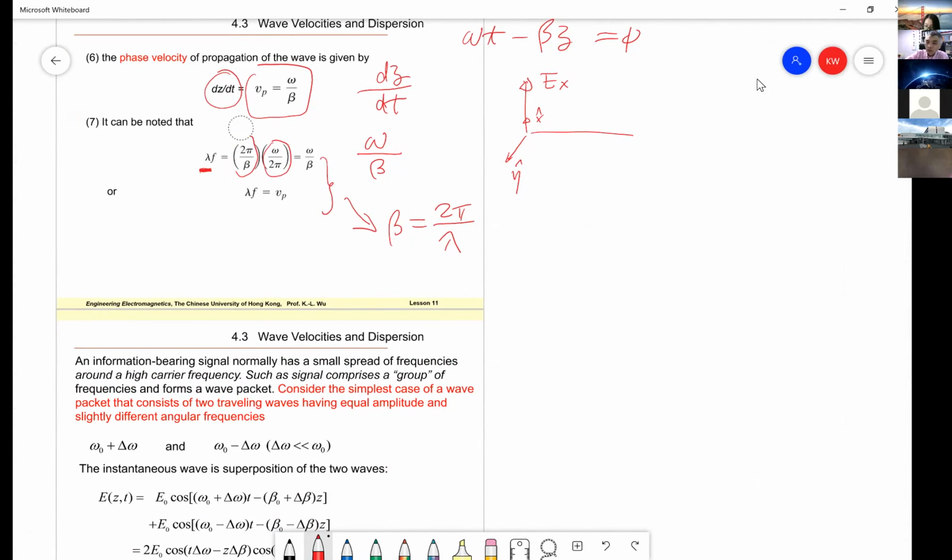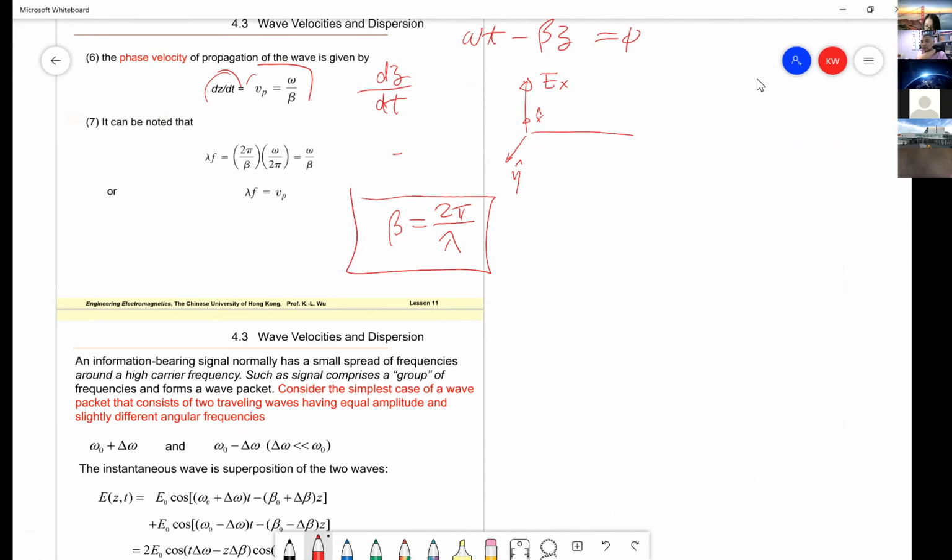So from this relation, we can find that beta is very useful information. If you know the wavelength, you know beta.